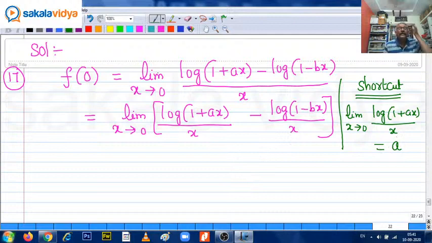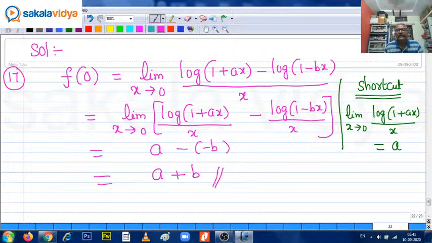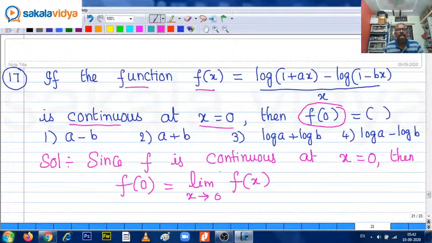That means this can be written now as a minus of, here it will be minus b. So minus into minus is plus, a plus b is the answer. So the second option is the right option.